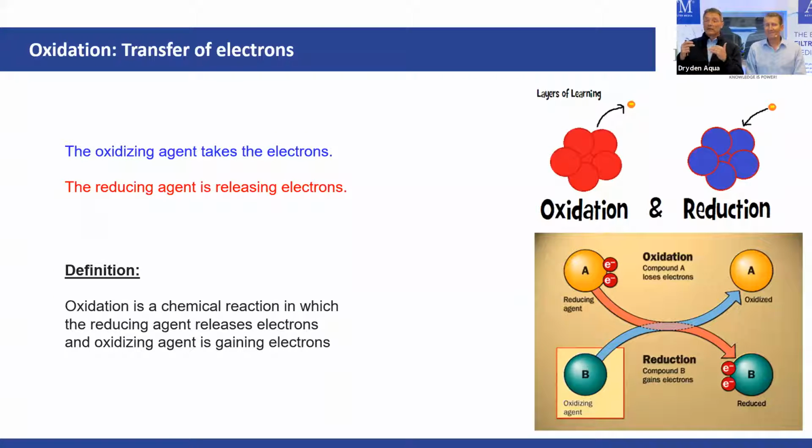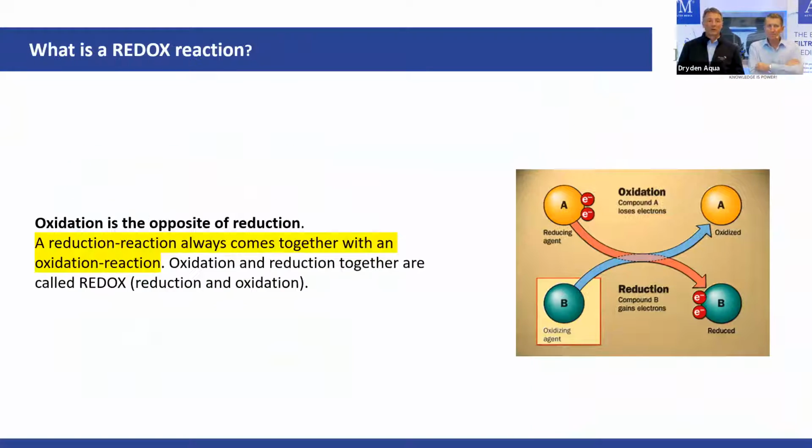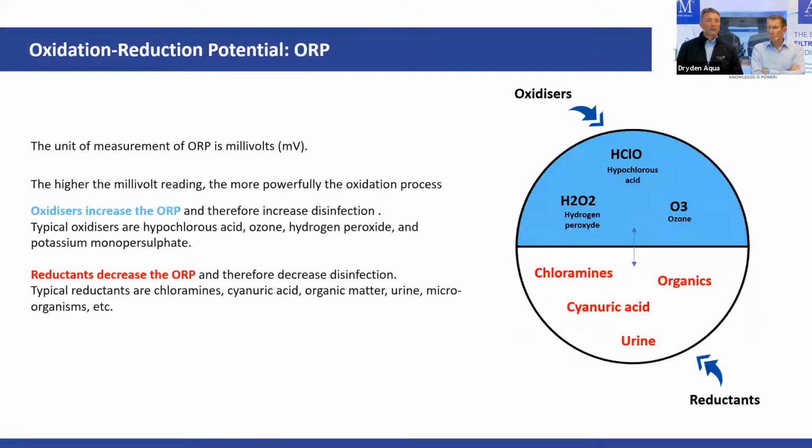Okay, so also interesting to say, oxidation and reduction always go together, and that brings us to the redox reaction. The reduction together with the oxidation, that's the redox reaction. I think we skip this and go to the ORP, because this reaction we can measure in the oxidation reduction potential, the ORP. The ORP measures how powerful this oxidation potential is.